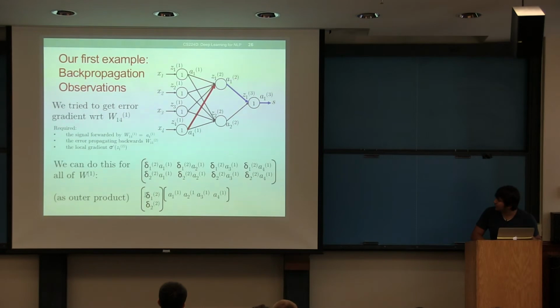This element right here is the error sitting right here, and this lower element is the error sitting right here, and you just want to do an outer product with the inputs that were forwarded by this matrix W. That's how you can get the gradient update with respect to all of W. And this is nothing but doing exactly the same thing for all 8 elements. Does that make sense so far?